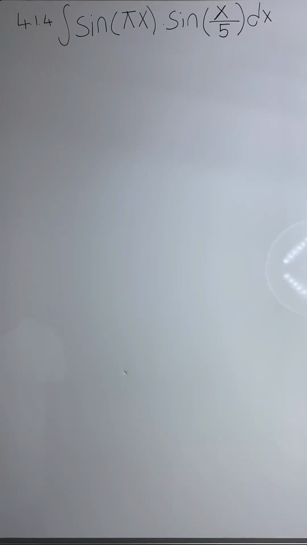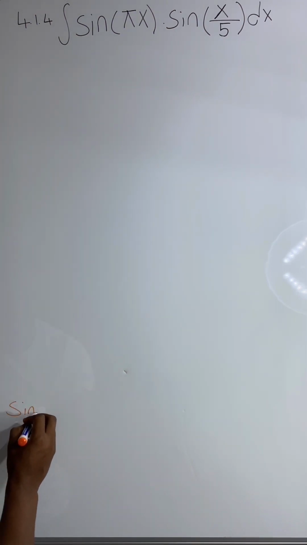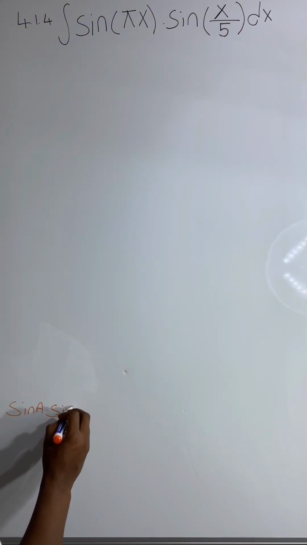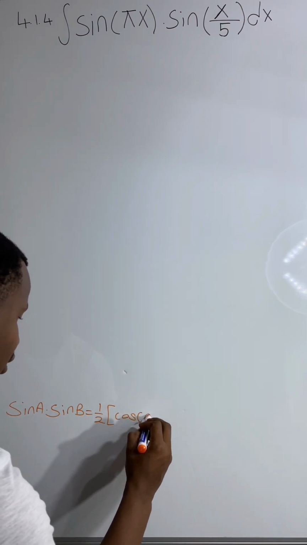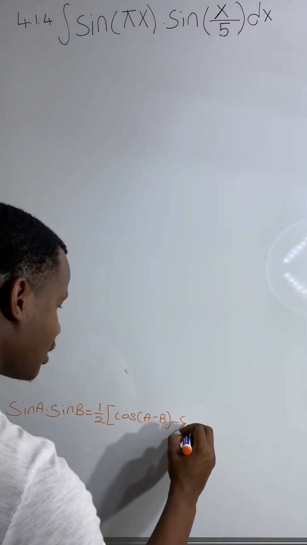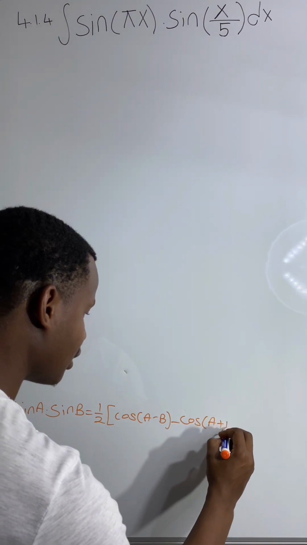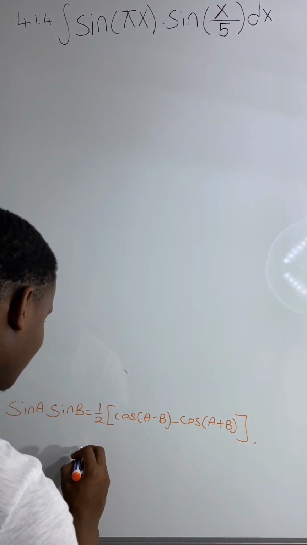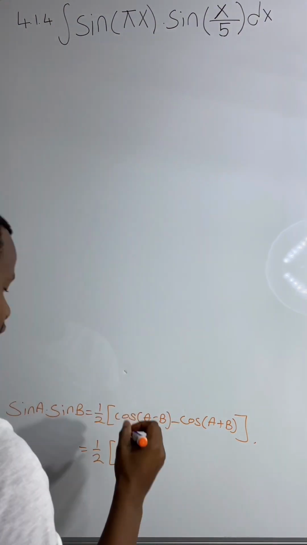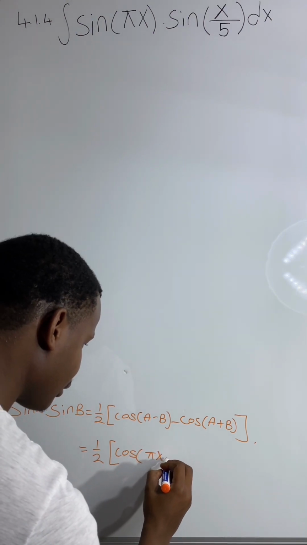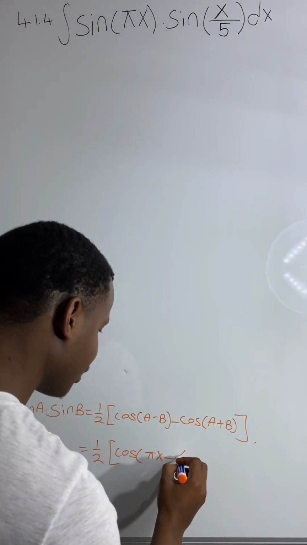4.1.4, we have to evaluate the integral of sine of pi x multiplied by sine of x over 5 dx. To evaluate this integral, we have to use our trigonometric identity, which is also available in our formula sheet, as sin A multiplied by sin B is equal to 1 over 2 times cos of A minus B, minus cos of A plus B. But in our case, we have A as pi x and B as x over 5.